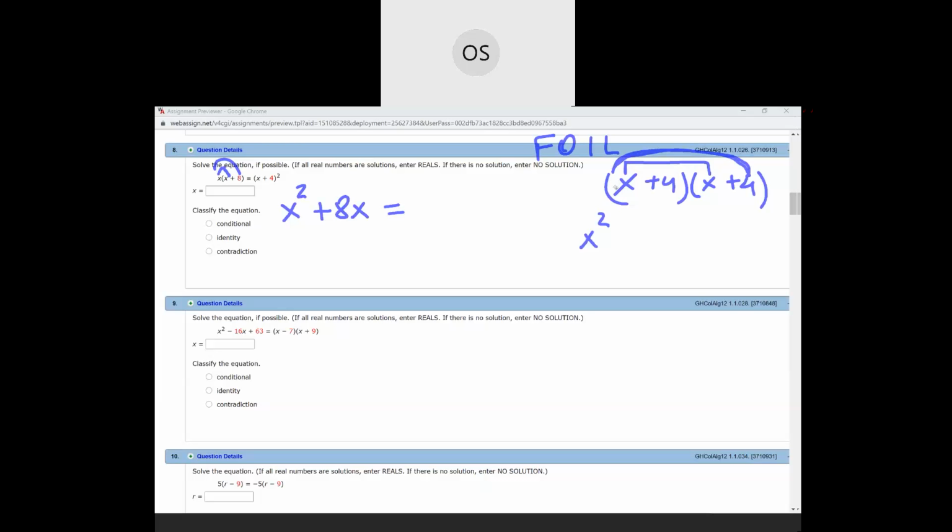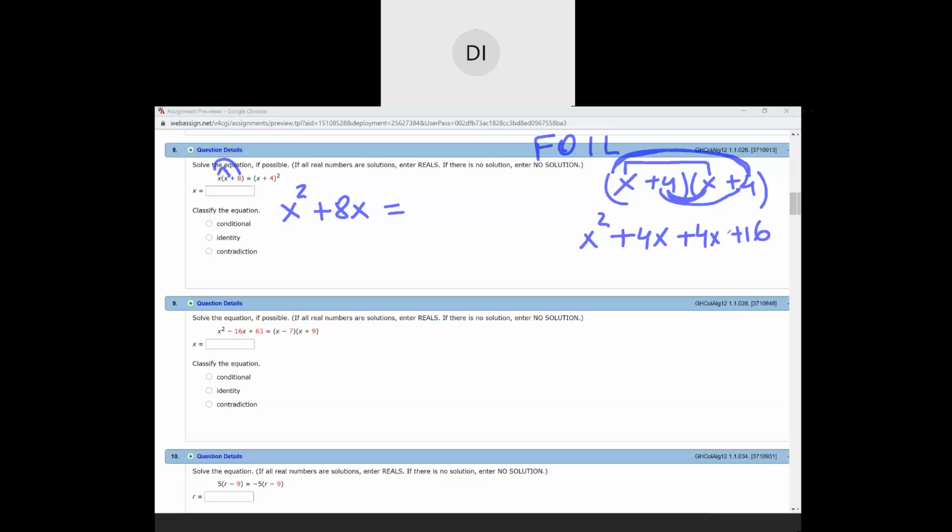So, x times 4 is 4x. Then I stands for the insides. These are the two inside terms. So 4 times x is another 4x. And then L stands for the last. Last in these parentheses and last in these parentheses. So multiplying 4 times 4 is 16. Okay? So that's how you simplify it.